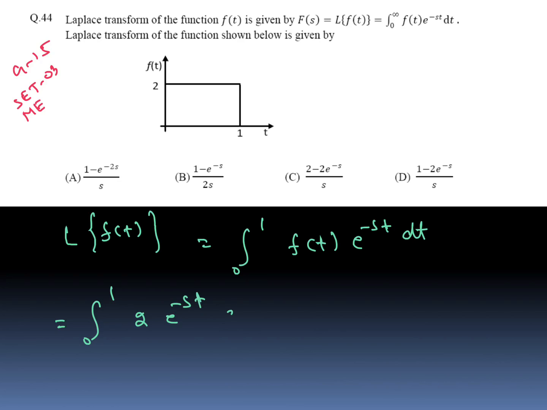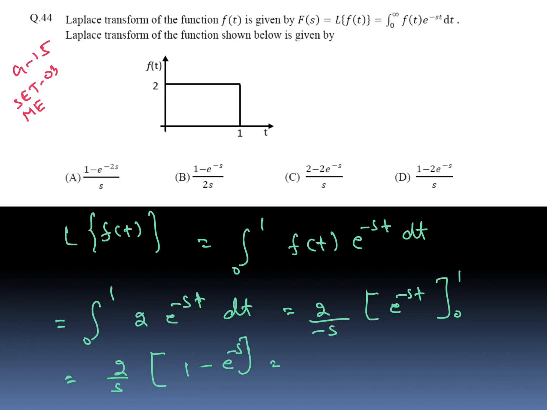Then 2 into minus s e to the power minus st from 0 to 1. After solving, if you take minus inside, 1 minus e to the power minus s, then you have to multiply because the options are like this only.